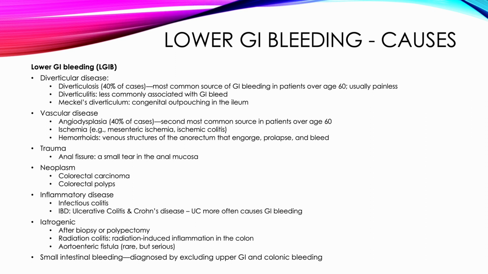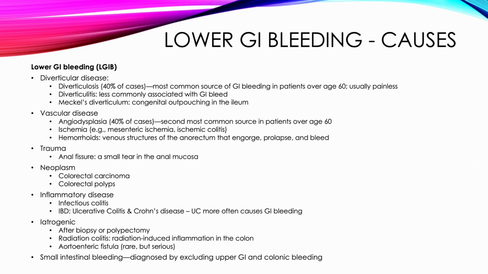Now, there are such things as angiodysplasia, when the vessels themselves are dysplastic, they're not formed correctly. It's actually pretty common in the elderly population as well, although I don't really see many questions on this in Q-banks, but it's good to know that it exists.